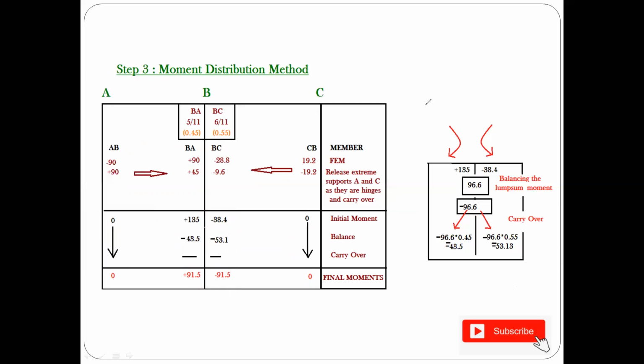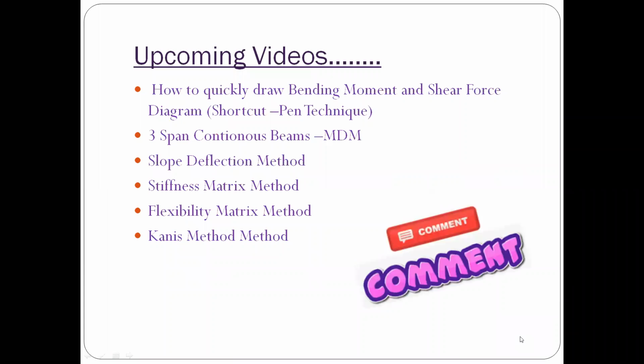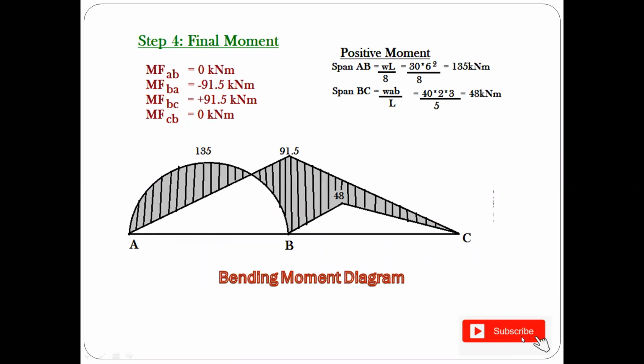Now next we go for step number 4, which is your final moment. So here I am rewriting whatever value I got in your step 3 as 0, minus 91, plus 91, and your 0.